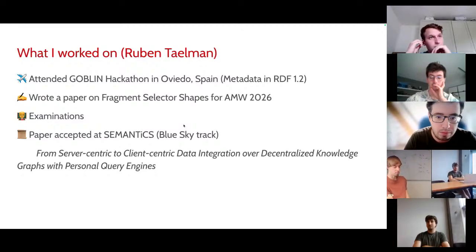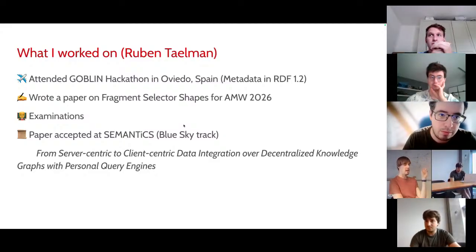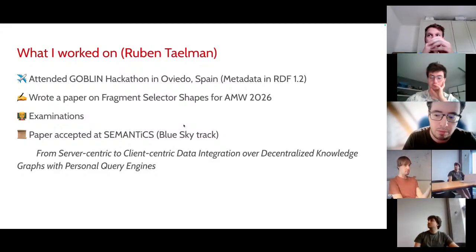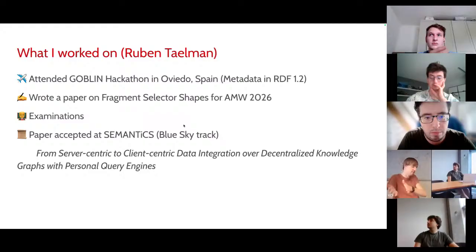So yeah, we worked on a bunch of things. The group I was mostly involved in, we focused on investigating how you can represent RDF 1.2 data in labeled property graphs. Usually the reverse direction makes more sense.